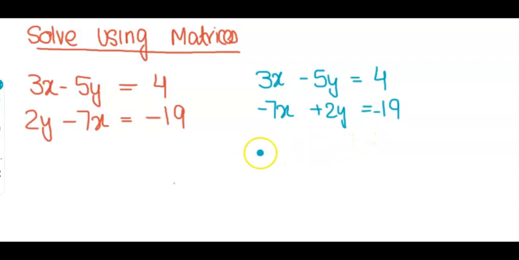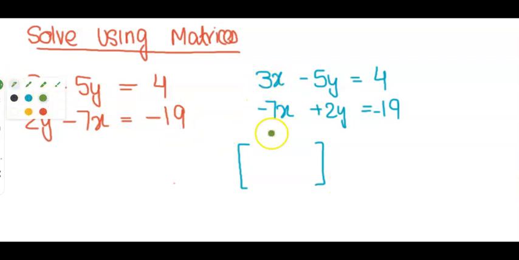How do we convert it into a matrix? We just draw these boxes here. 3, minus 7 from here, minus 5, 2. I got that one there as well.